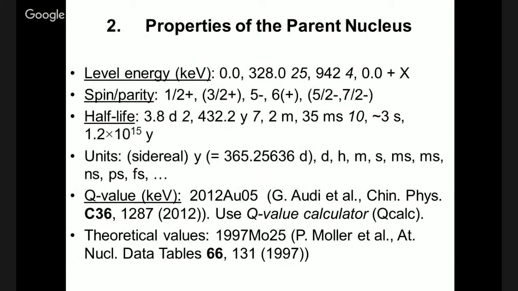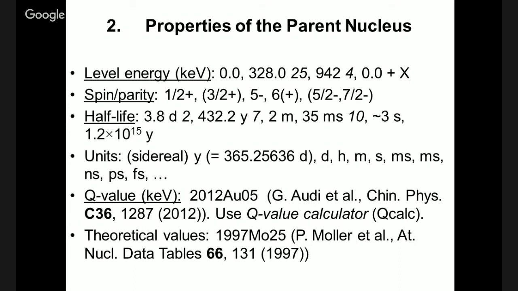Another thing that we evaluate, and we store that also in ENSDF, are the properties of the parent nucleus. The level energy, spin and parity, half-lives. Units, well, there you are. The Q value, we use a Q value deduced by Audi and his people.